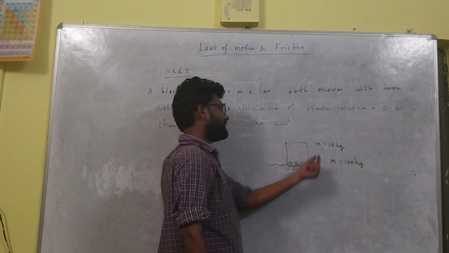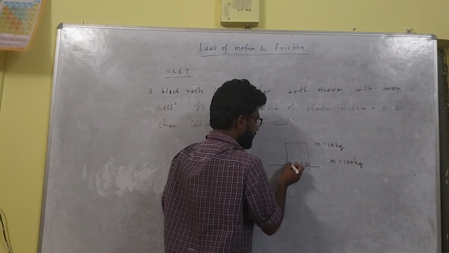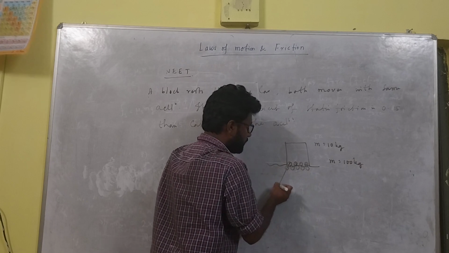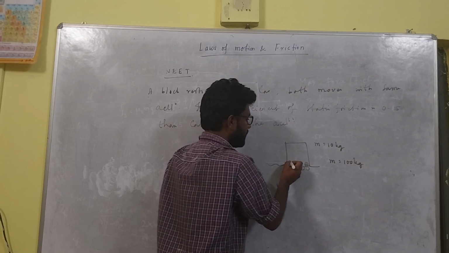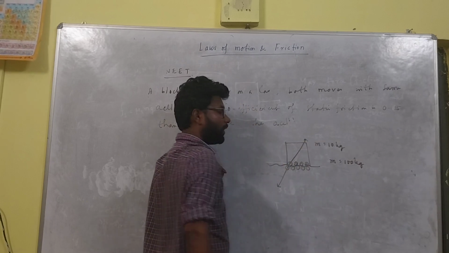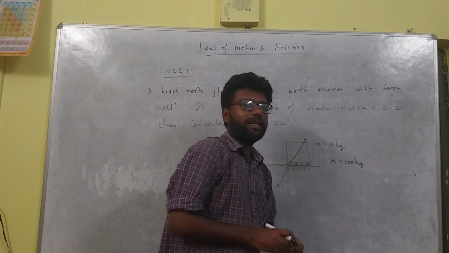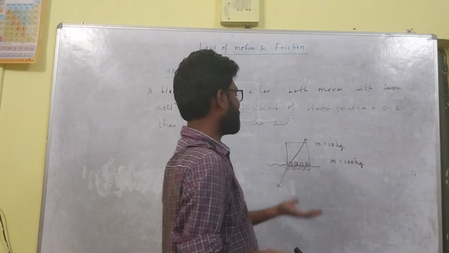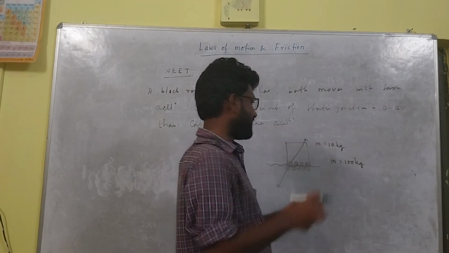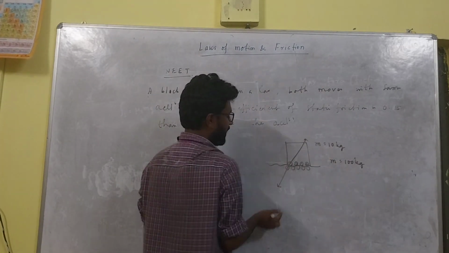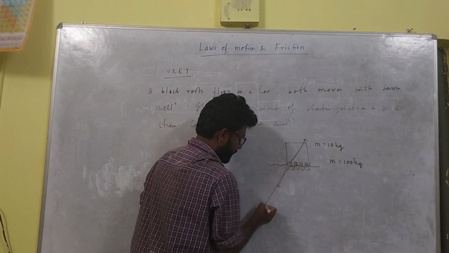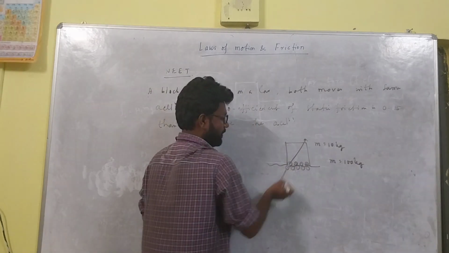Then if the mass is 10 kg, the reaction force is somewhat smaller, because the gravitational force acting on the block is quite less, and if the mass is 100 kg, then it's quite larger.